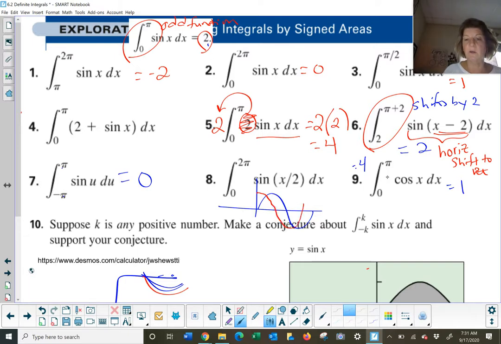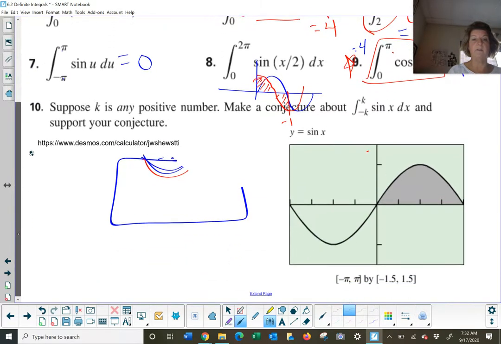And they want us to go 0 to pi. So 0 to pi, it would be hitting -1. That could be 0 units then, couldn't it? Because you'd have above and below being equal. I thought the answer was 1. Check that in your calculator. I think 9 is definitely the toughest one out of all of them.